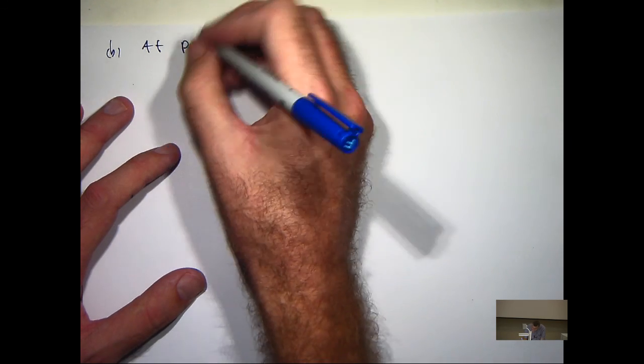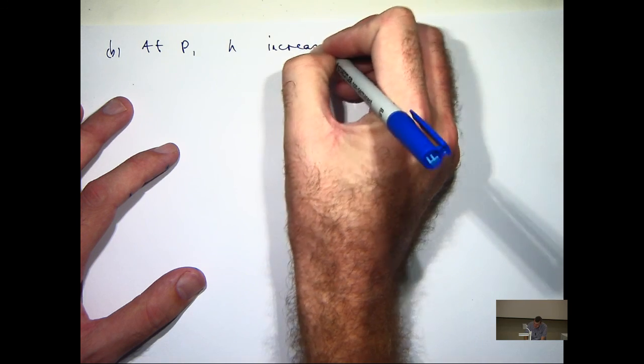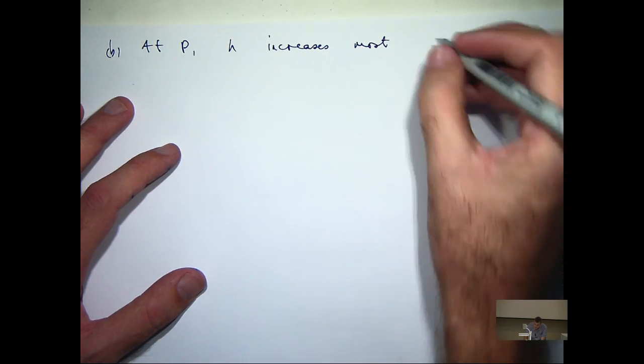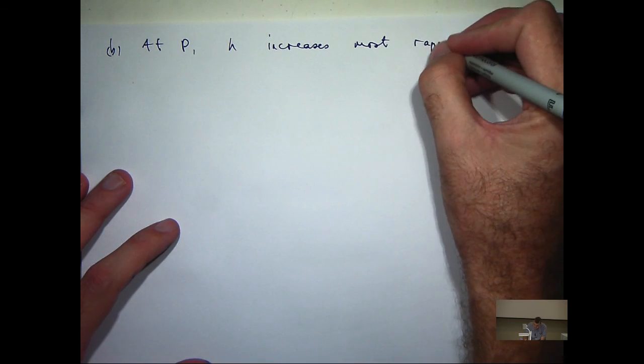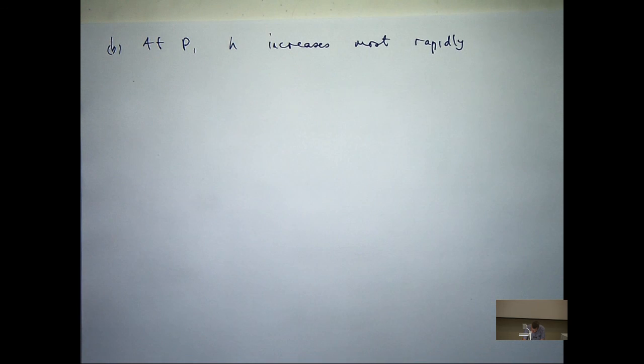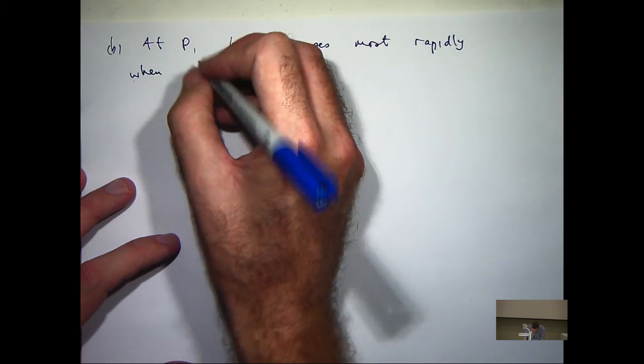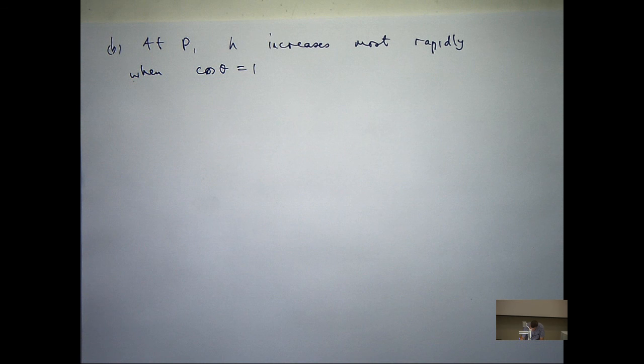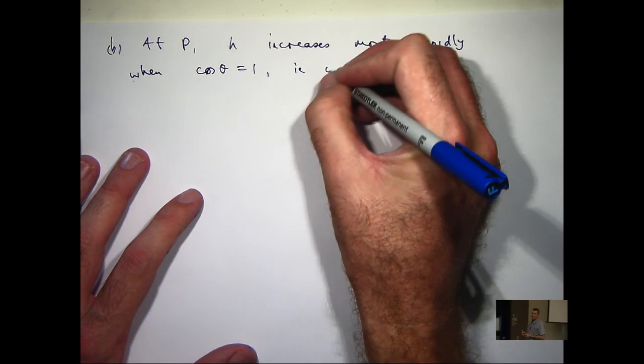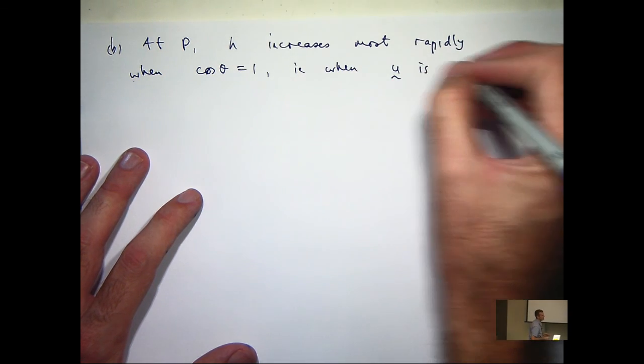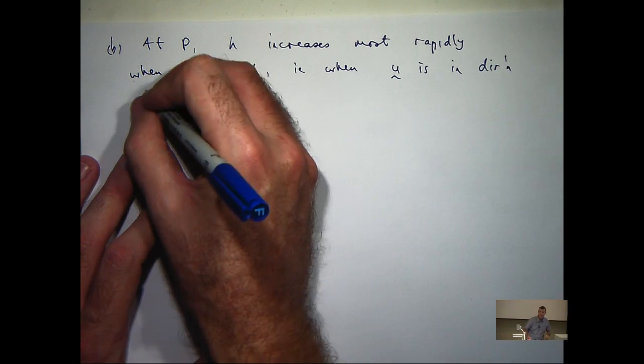Part B, at P, h increases most rapidly when the angle between the two vectors, grad h and the unit vector of direction, is 0.